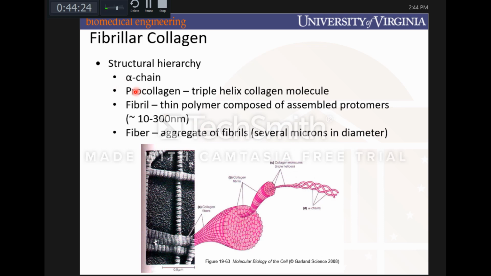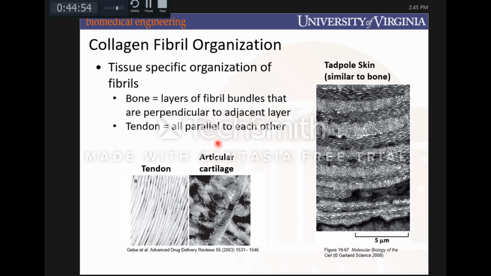So you've got an individual alpha chain, then you've got your procollagen, which is an individual triple helix, and then fibrils, which are tiny fibers, which are several individual procollagen molecules together, and those all together make a fiber, which can get up to several microns in diameter, and they can provide a massive amount of structural strength.